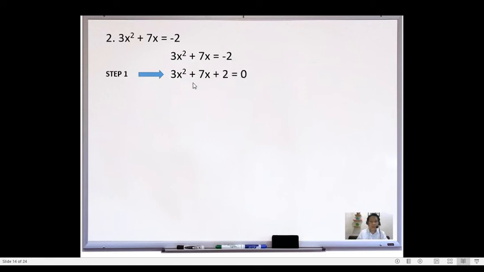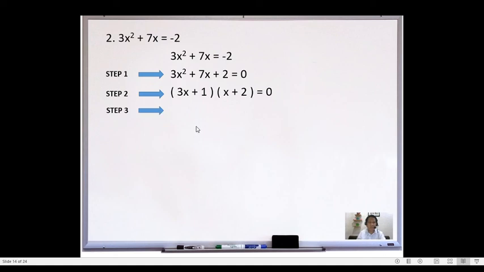So this will give us 3x squared plus 7x plus 2 is equal to 0. Step number 2, we are going to factor out. So the factors of 3x squared plus 7x plus 2 is equal to 0 are 3x plus 1 times x plus 2 is equal to 0.